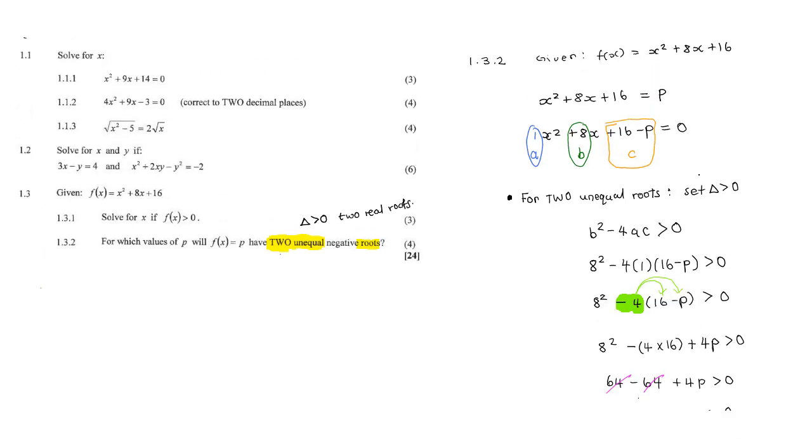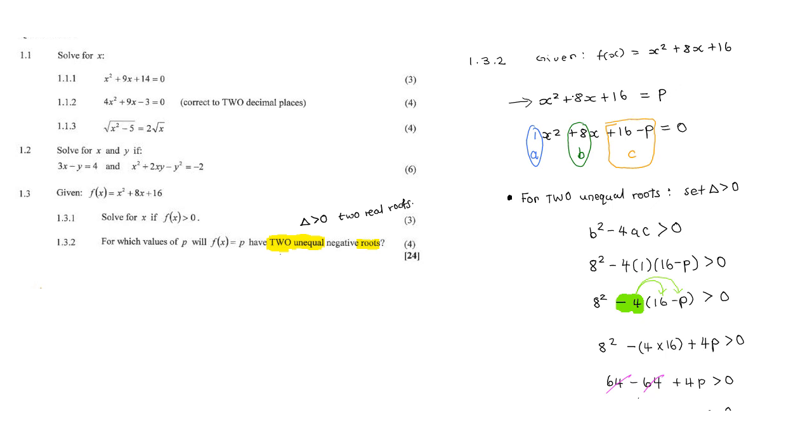Then for this equation that you set up, when you move that p to the left-hand side and set it equal to 0, you'll be determining the x-intercepts of that new quadratic. It's going to be a different graph to f of x.